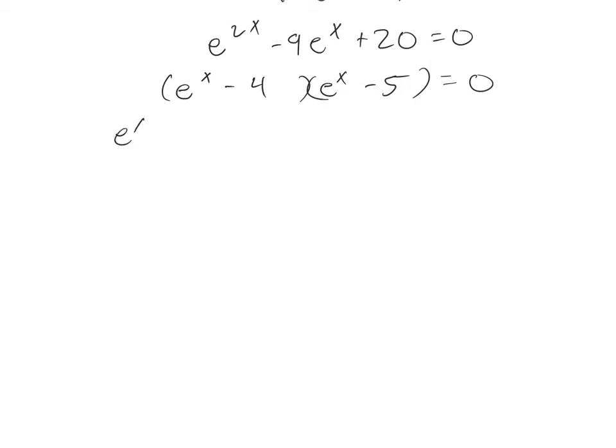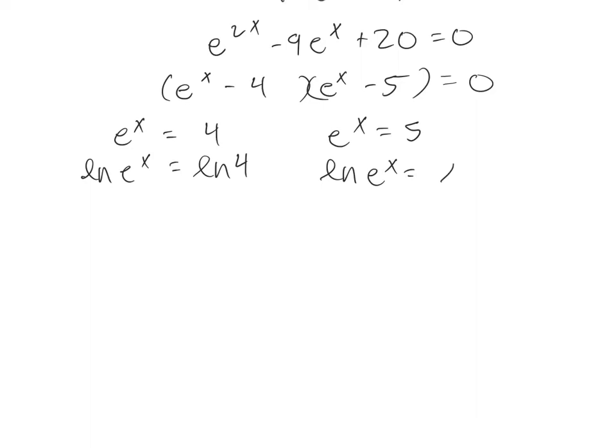One answer has e to the x must equal 4, and e to the x must equal 5. To find our x's, we just take the natural log of each side. That gives me x must equal the natural log of 4, x must equal the natural log of 5.